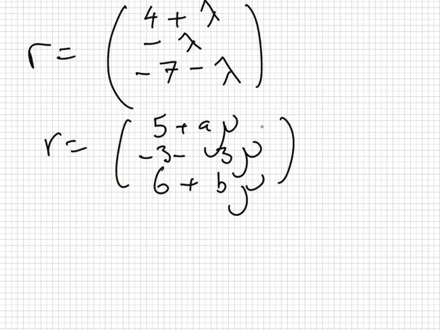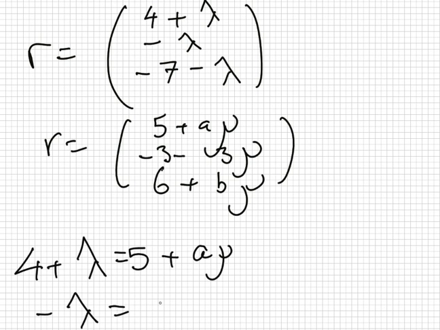The lines intersect. Find the values of lambda, mu, a, and b. So in other words, they meet. If they meet, what can we say? 4 plus lambda equals 5 plus a mu. Minus lambda equals minus 3 mu.